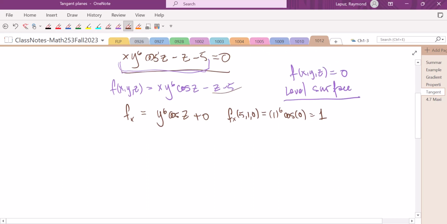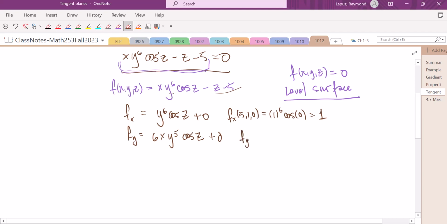All right, moving on, we'll find the derivative with respect to y. This time y is the variable, so that would be 6y to the 5th. And x is a constant, and z is a constant, so cosine z will remain the same. And the derivative with respect to y of minus z minus 5 will be 0 again.